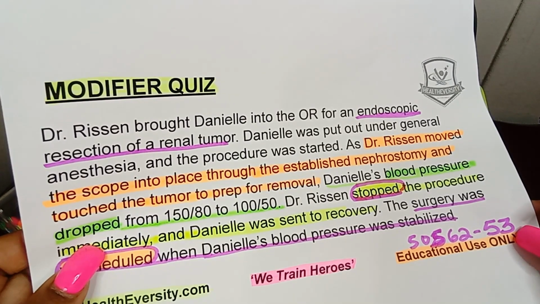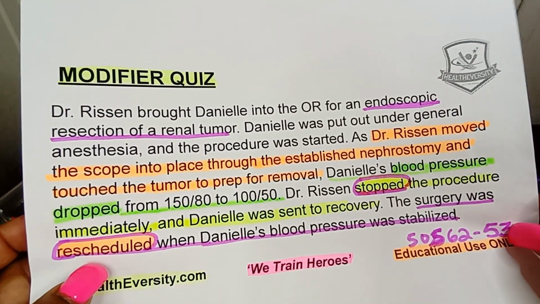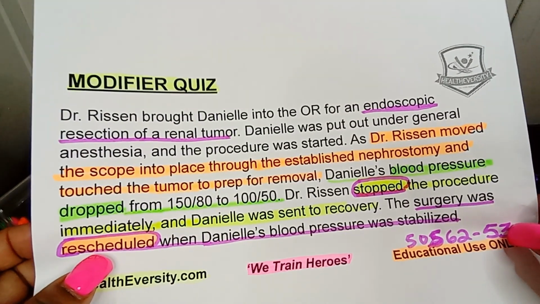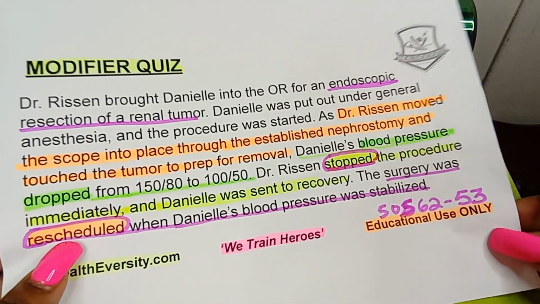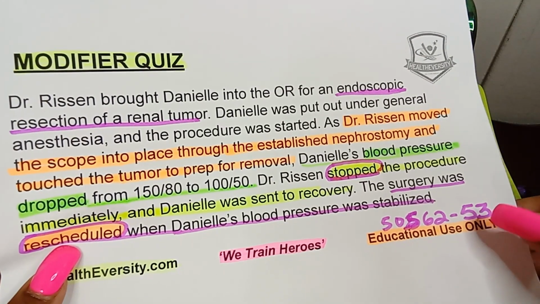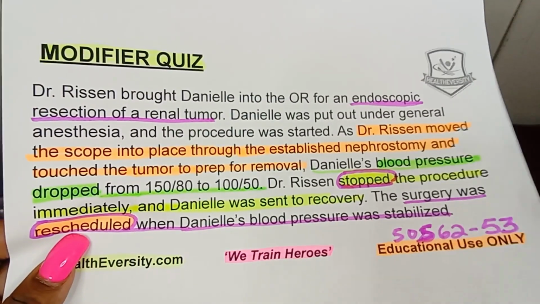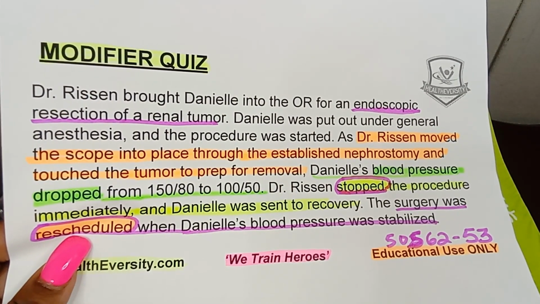He had to stop then. So he stopped the procedure, and then eventually he had to reschedule. So we're using 50562 with modifier 53.